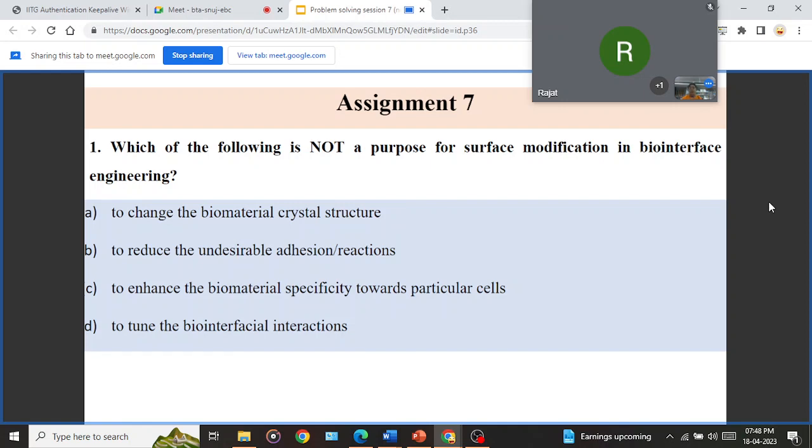I hope you are able to understand what the question is asking. Three of the options are correct and define the purpose for surface modification, whereas one of them is incorrect.